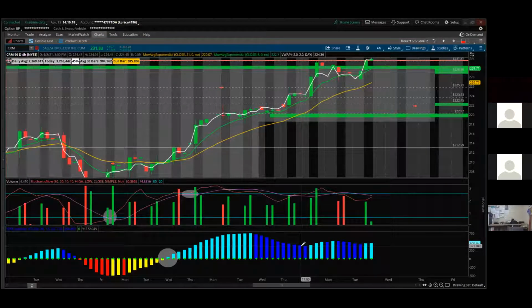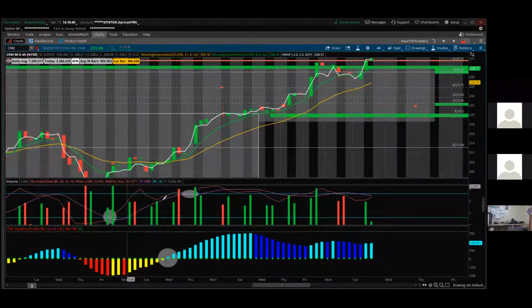This works historically, in my backtesting, anywhere from 75 to 85% of the time, right? This is still very highly probable, but don't rely on it because it doesn't work all the time. That's why you want to keep other confluences in mind, right? Because it's not to say that because it's indicating, I'm just going to blindly get in here.